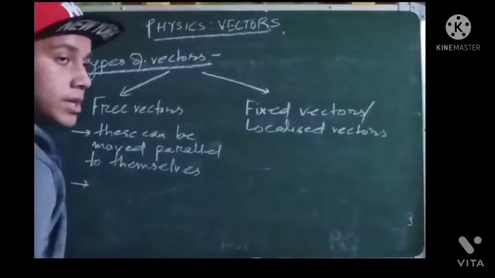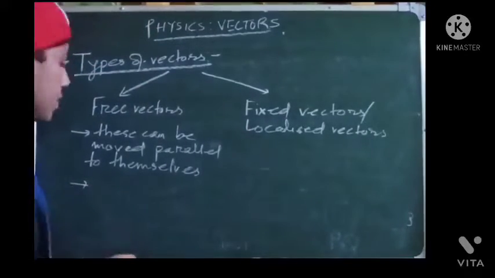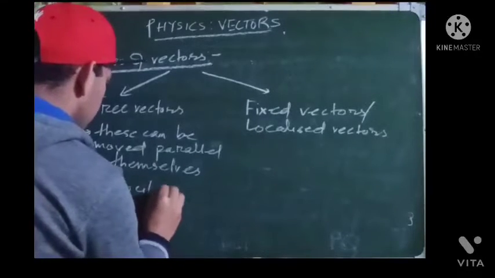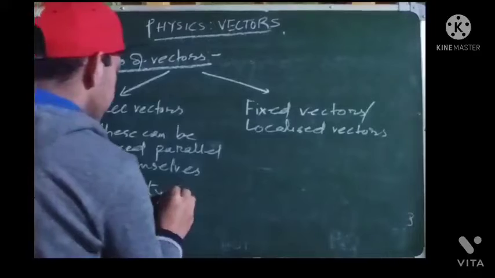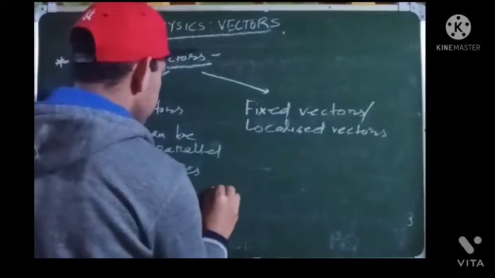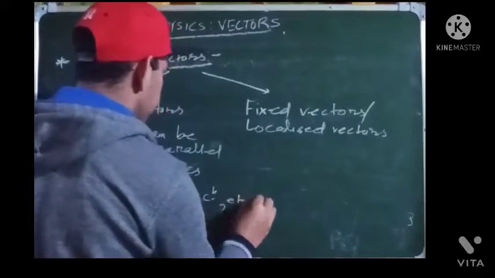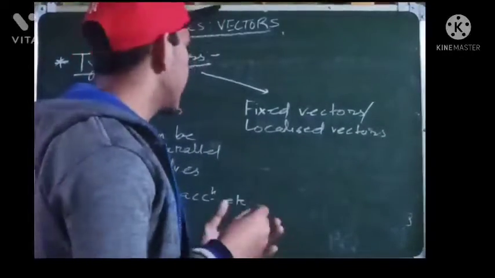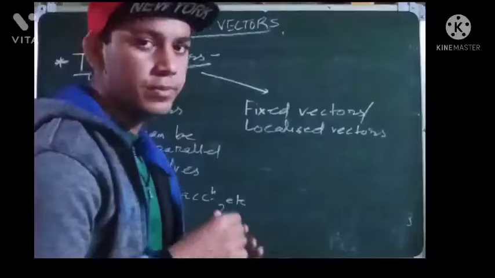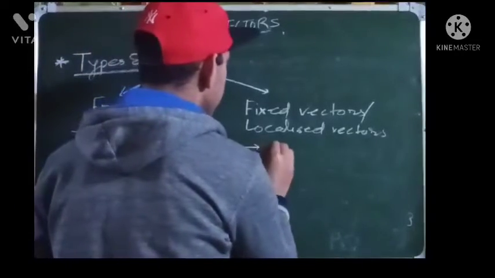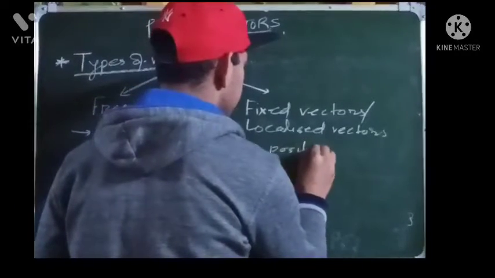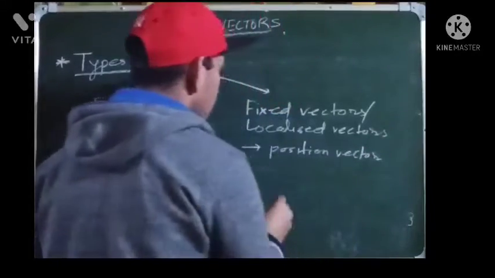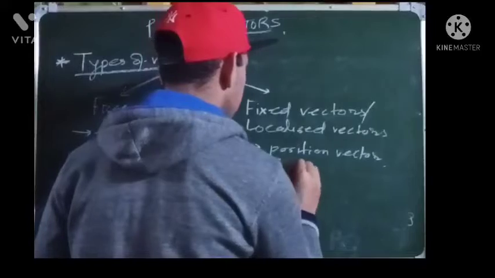For example, we have the velocity vector, the acceleration vector, etc. And fixed vectors or localized vectors are those vectors which are fixed, which cannot be moved from their position. For example, the position vector or force vector.